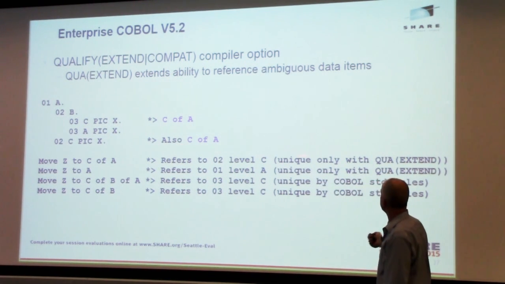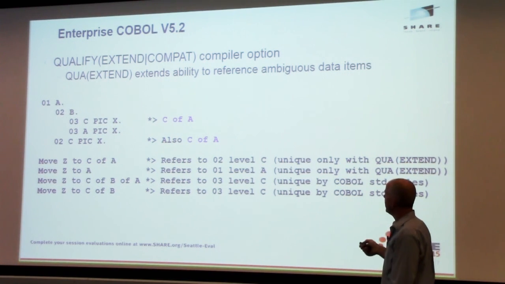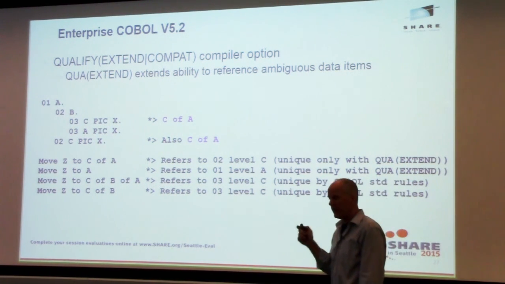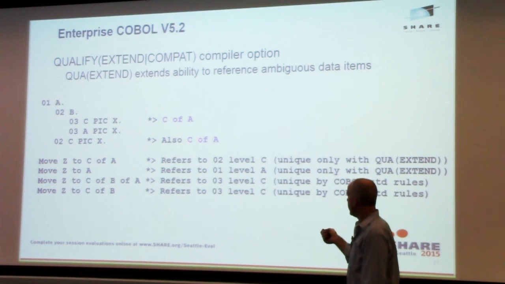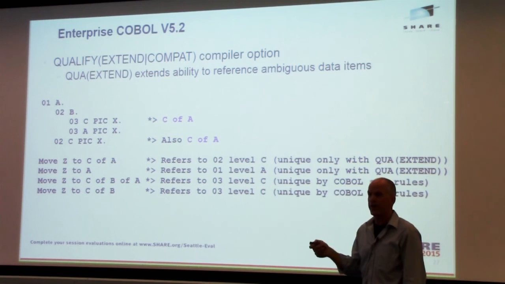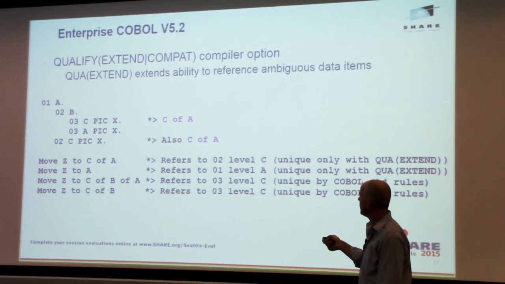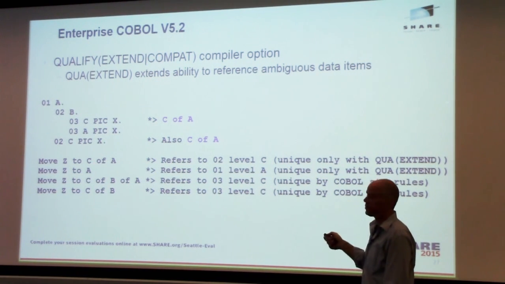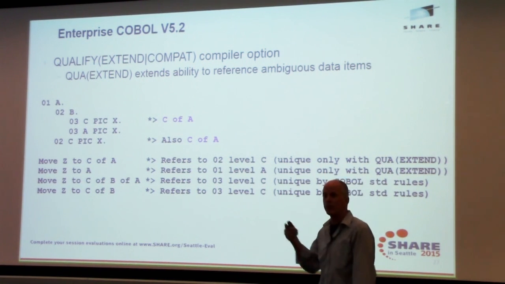With the qualify option, qualify extend, I add the concept of the list being the complete set of qualifiers. If there's only one data item that has C of A as the complete set of all the qualifiers, then I will resolve to that.